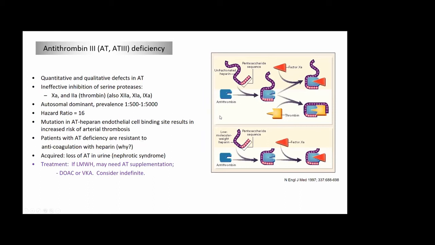And the reason is that the action of antithrombin to inhibit thrombin or factor 10A is potentiated by unfractionated heparin and by low molecular weight heparin. To try to anticoagulate a patient with these agents, if there is insufficient antithrombin as a substrate, then this whole mechanism can fail. Now, this is pretty uncommon in antithrombin 3 deficiency, but it's not unheard of.